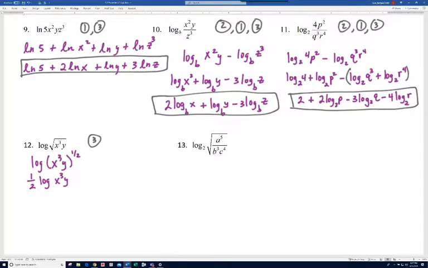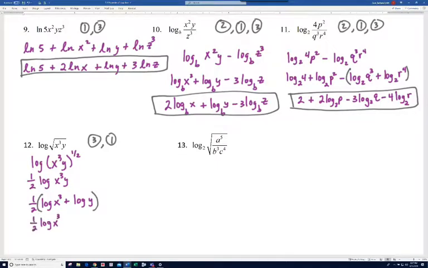And now we do have the log of our product, so let's break that into a sum of logs. So we're going to use property 1. So it's 1/2 times the log of x cubed plus the log of y. Now again, don't forget, we're replacing one log with 2, and we have to distribute that half.